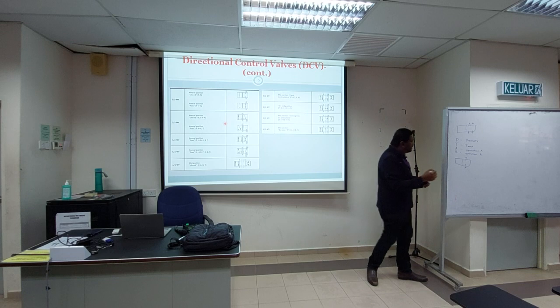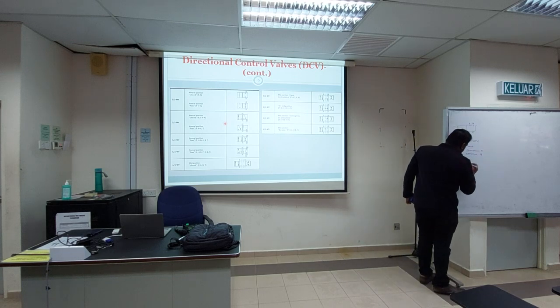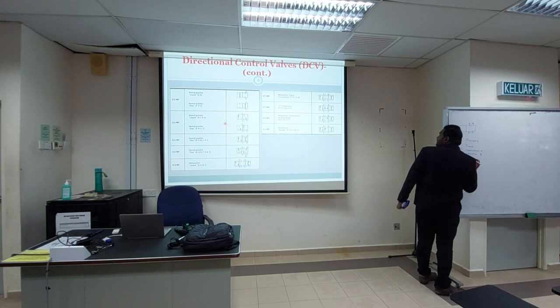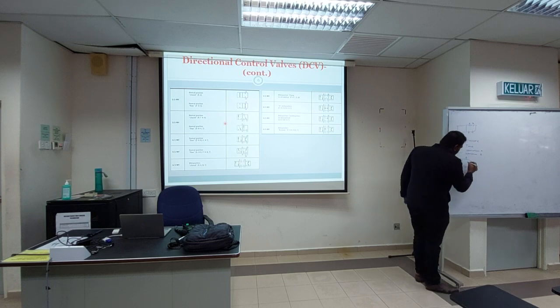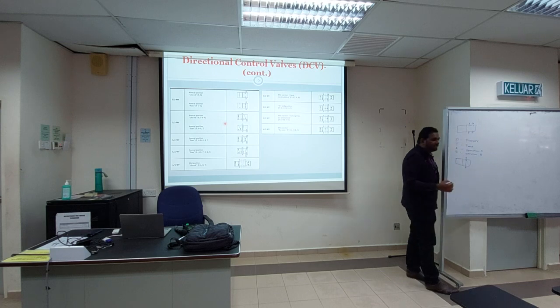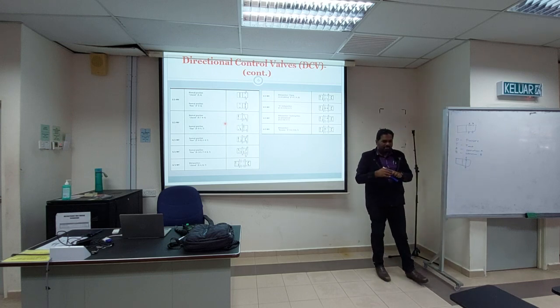Okay, another thing, arrow. Okay, so yang ni selalunya ada kat luar lah, port dia ada kat luar. Tadi I lukis kat dalam. Okay, apa ni? Apa arrow ni?